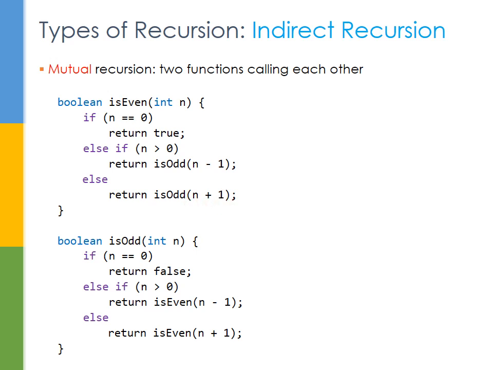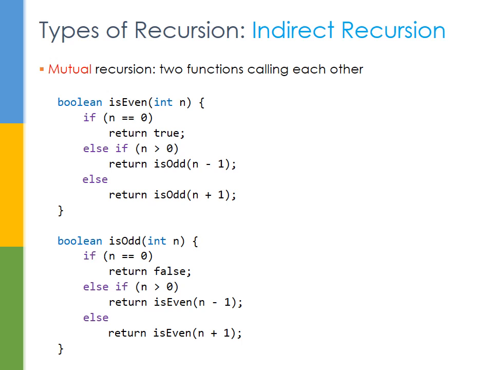So in this case we're working with an n value that is less than 0, so the result of this will be that our value will be increased, and that will move it once again closer to having a 0 value, which will then terminate the series of recursive calls. Exactly the same is true in the is odd function over here, where we will call is even, and we will add 1 to n and then send that through as the parameter. And again, this deals with a situation where we have an n value that is less than 0.